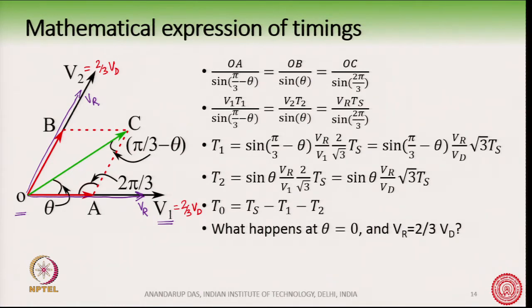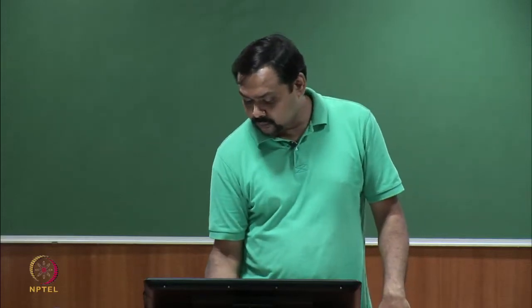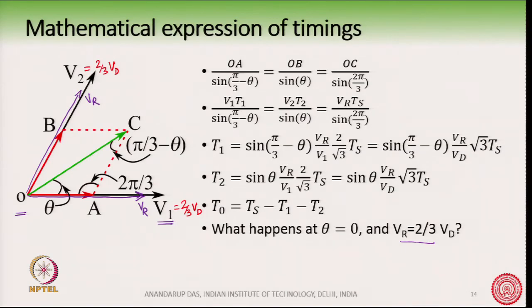What will happen? Let us take another example, this one. What will happen if VR is equal to 2/3 Vd? This is VR equal to V1, equal to 2/3 Vd. What does it indicate? It indicates that throughout the Ts time period, we should only switch V1, nothing else.